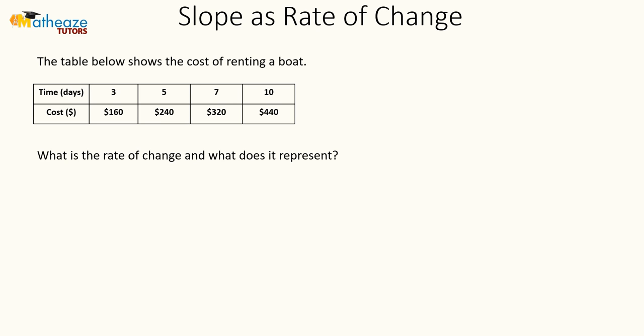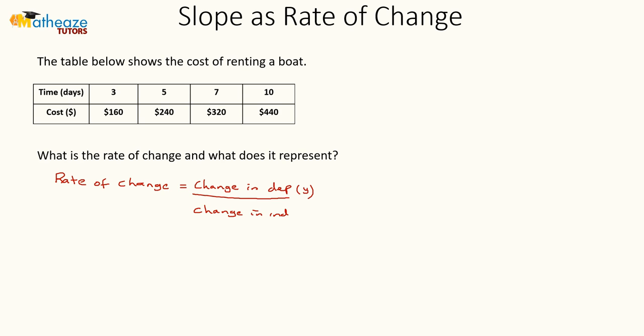So we'll look at some examples here. So this table shows the cost of renting a boat. So we want to find the rate of change and what it represents. So the rate of change is change in dependent variable divided by change in independent variable.